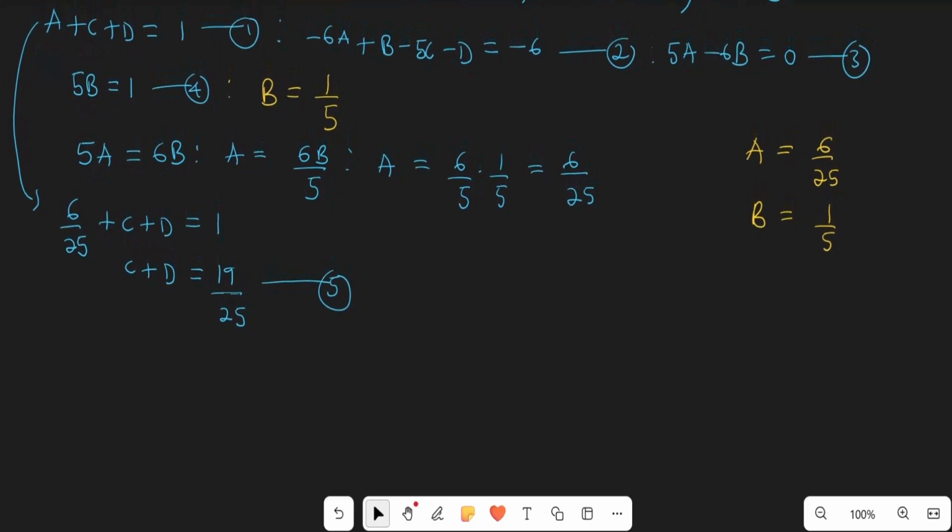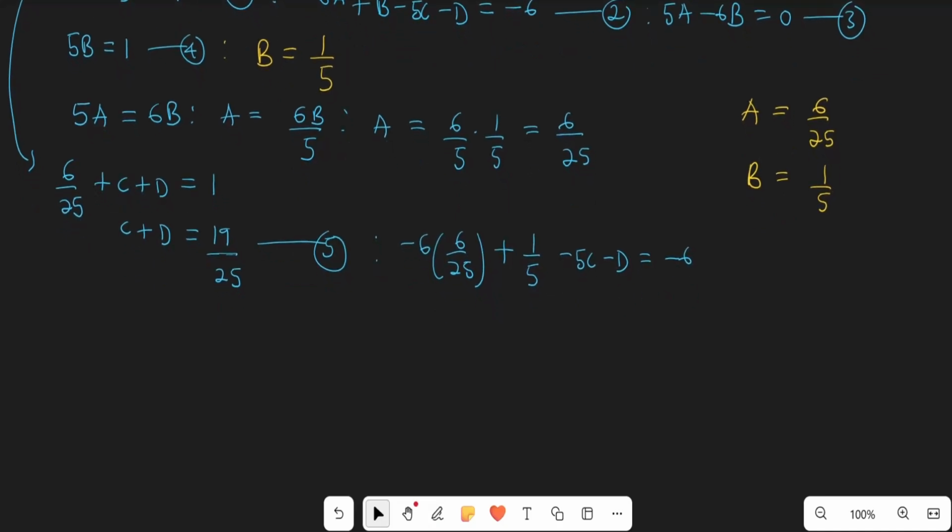Now let's plug the values of A and B into equation 2 again. Right, so from equation 2, plugging the values of A and B, so we have negative 6 times A. A is 6 over 25, plus B. B is 1 over 5. And now minus 5C minus D. This is equal to negative 6.